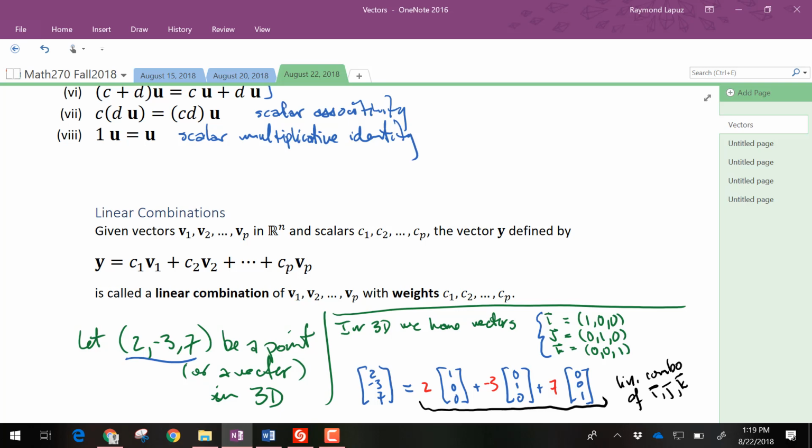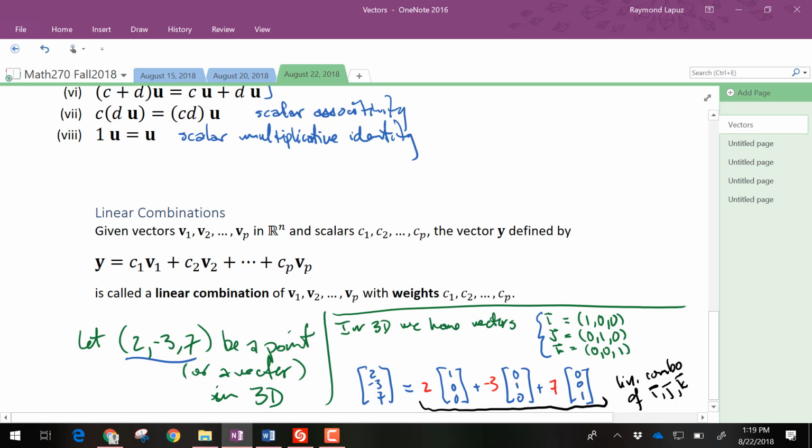The red numbers are the weights. And this whole expression underlined in black is a vector. You can see the colors today.